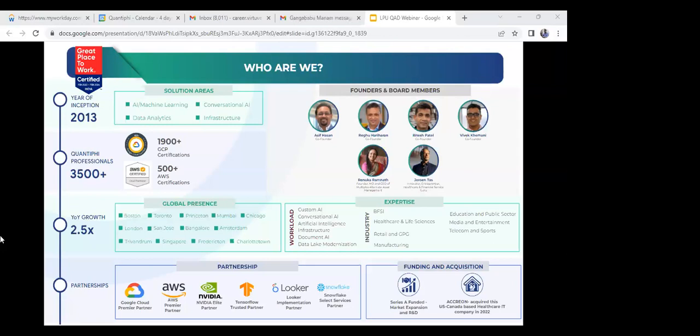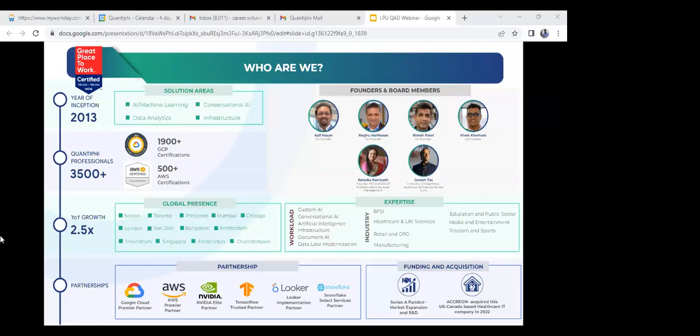Tomorrow, say L&T wants a cloud solution. We partner with AWS, we partner with GCP, and try to deliver that solution. Similarly, we partner with NVIDIA, TensorFlow, Looker, all these to ensure that the delivery of data and artificial intelligence projects is successful.